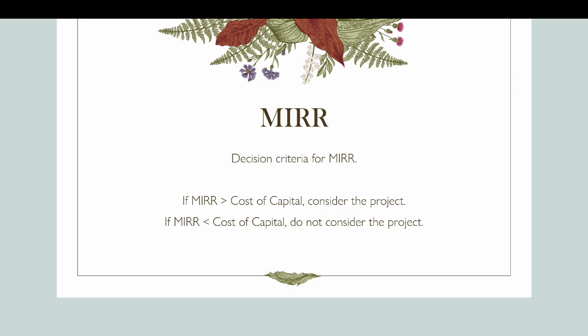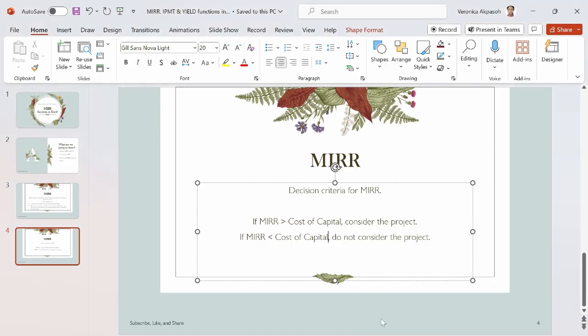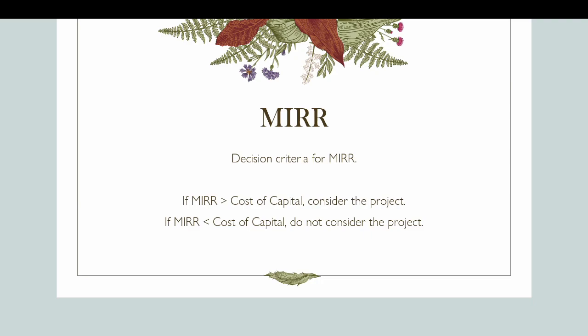The decision criteria for the MIRR is that if the MIRR is greater than the cost of capital, then you should consider the project. If the MIRR, on the other hand, is less than the cost of capital, do not consider the project.